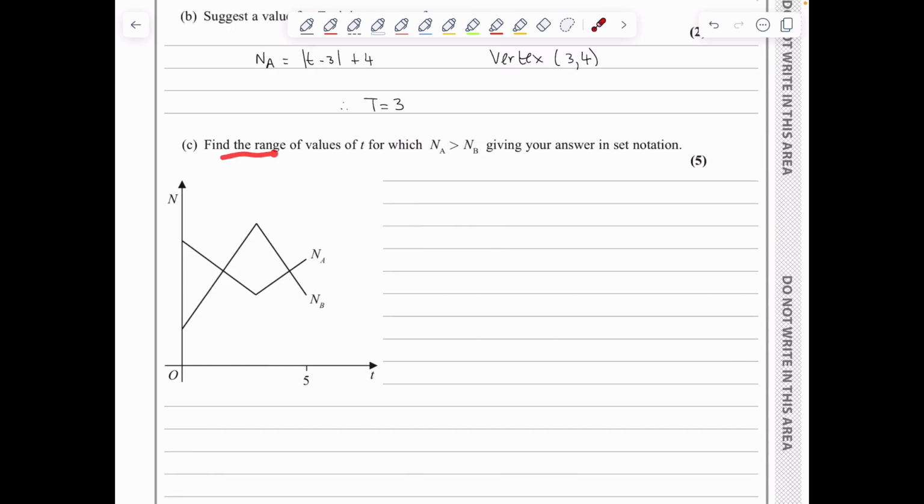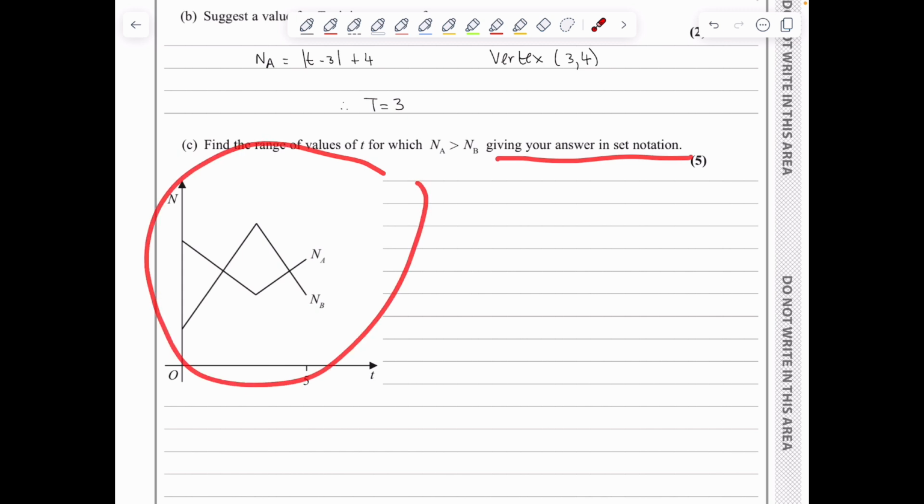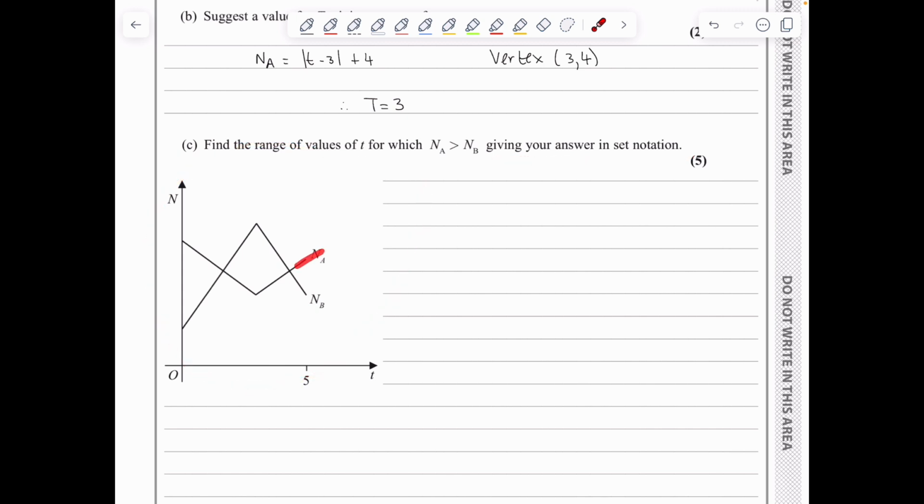In part C, we need to find the range of values of T for which NA is greater than NB, giving our answer in set notation. So this is the diagram here. We want N of A to be greater than N of B, so we want this part and this part here, which I'm highlighting. Remember that NA is the modulus of T minus 3 plus 4, so I could identify this part here as being T minus 3 plus 4, so the modulus sign behaves like a normal set of round brackets, whereas this part here that goes downhill behaves as a normal set of round brackets with a negative sign outside, so it's the minus T minus 3 plus 4.